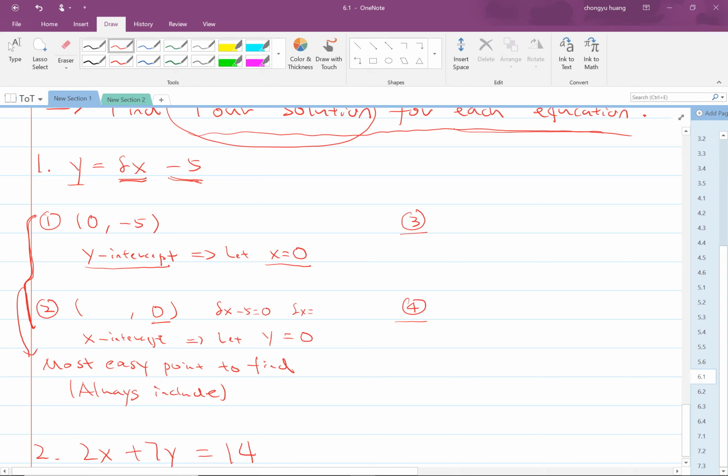Let me rewrite it, it's kind of a mess. 8x equals 5, and then you find x is equal to 5 over 8. So it's also quite easy to find. So the first two points I recommend you write down are the y-intercept and the x-intercept.